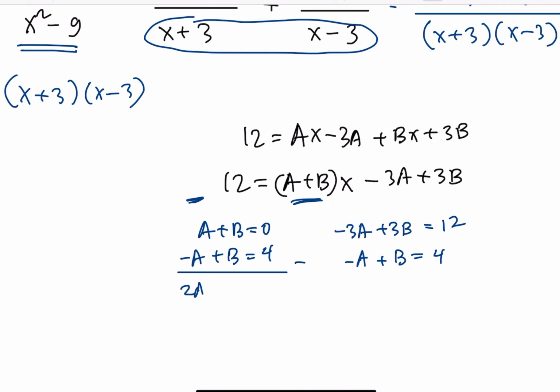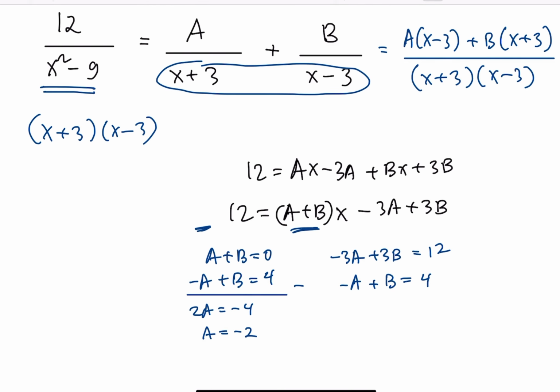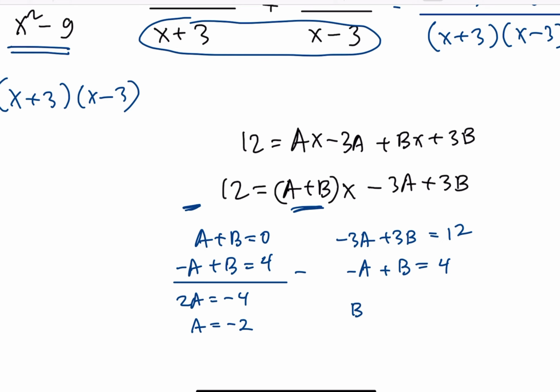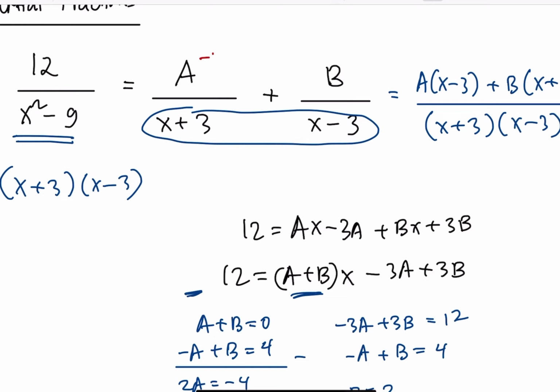So this will be 2a equals minus 4, so a is minus 2, and b is 2.